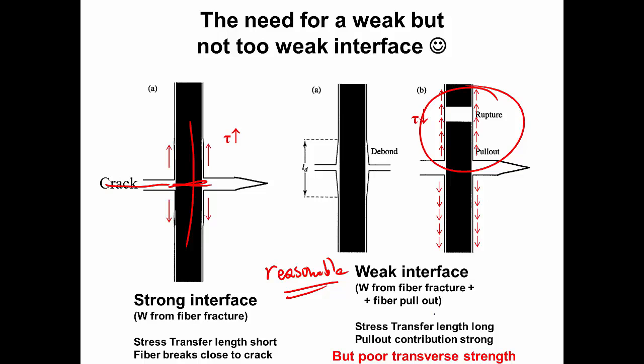So the weak interface design is a concept that was pushed for ceramic composites, I want to say in the end of the 80s, early 90s. It is very tricky because if the interface is very weak, then there's a problem. If the interface is partially weak, then it helps.